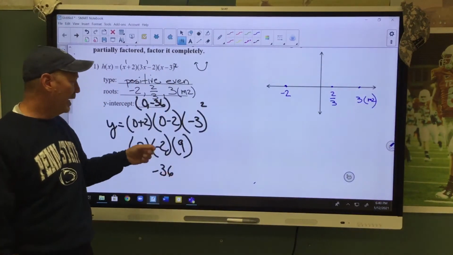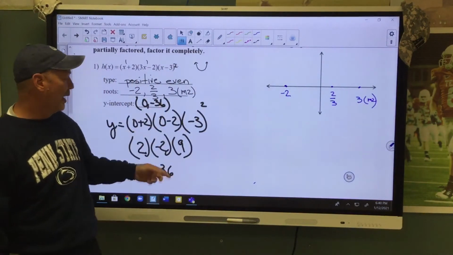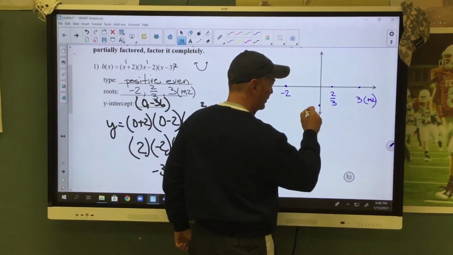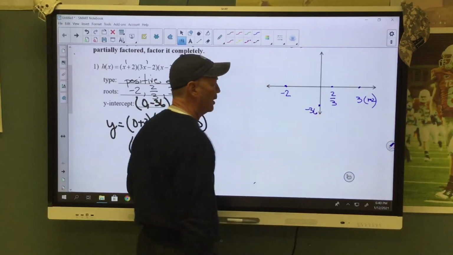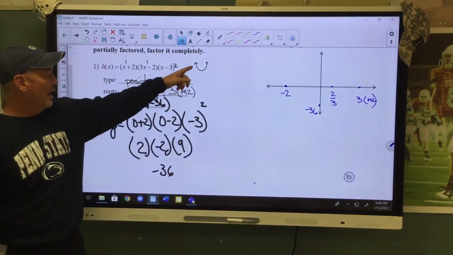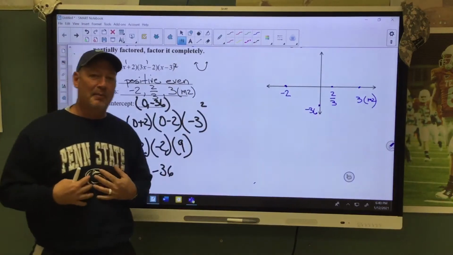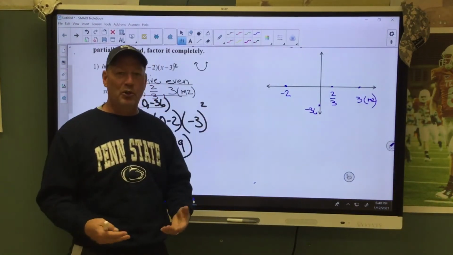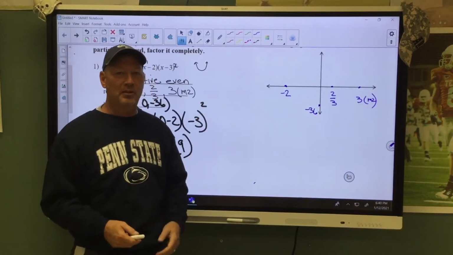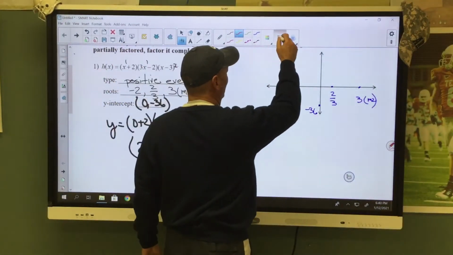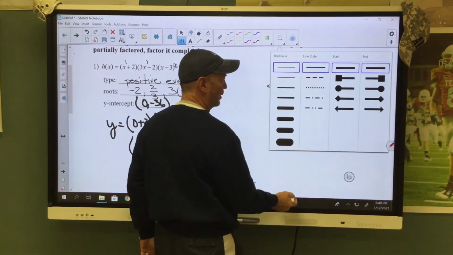And then we're going to put a dot here at negative 36 for our y-intercept. So we know that our graph has to start up and finish up. Sometimes I like to go to my M2s or my M3s to make sure I do them correctly. So I'm going to go over here. Let's make sure this is narrow.